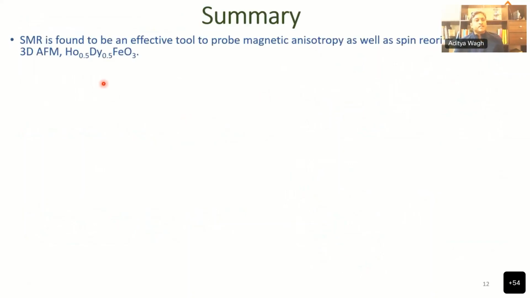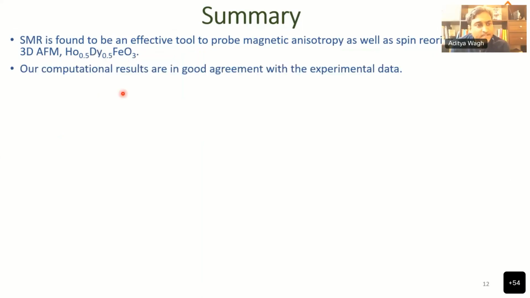So with this, I summarize the results on this system. SMR is found to be an effective tool to probe magnetic anisotropy as well as spin reorientation transition in the 3D antiferromagnet HoFeO3. Our computational results are also in good agreement with the experimental data.